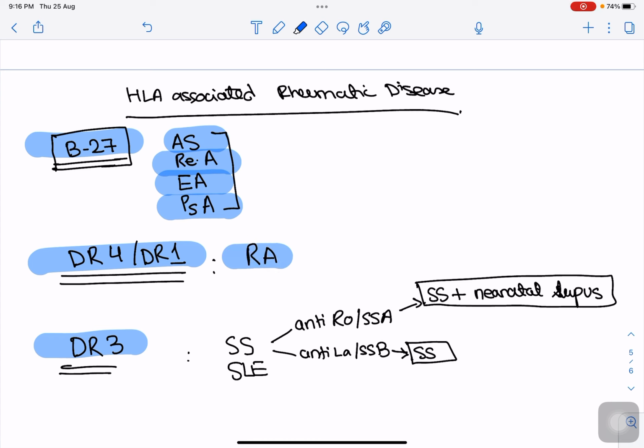A patient who is positive for DR4 and 1 may possibly have rheumatoid arthritis, whereas DR3 is positive for systemic sclerosis and SLE. Systemic sclerosis further has anti-Ro, anti-La, SSA, SSB, which is positive for these two conditions.